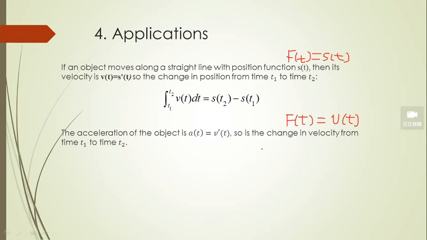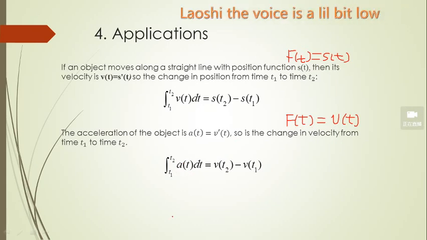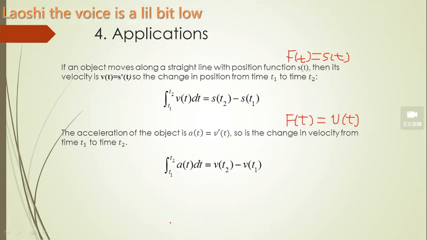So the change in velocity from t1 to t2 is v(t2) minus v(t1). How can we evaluate it? That will be the definite integral with the integrand F prime t, which is acceleration.